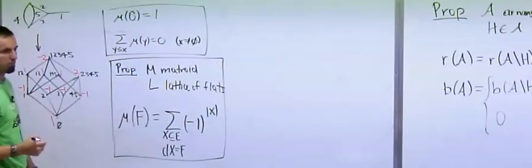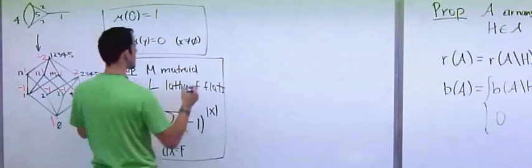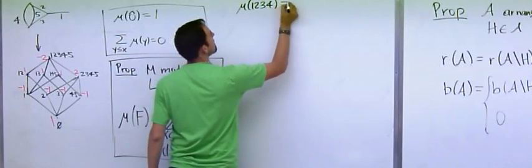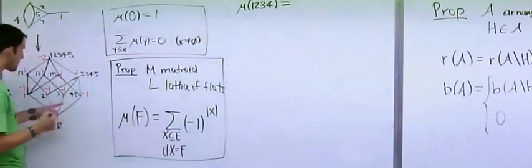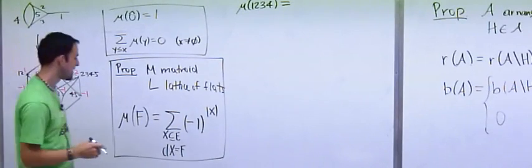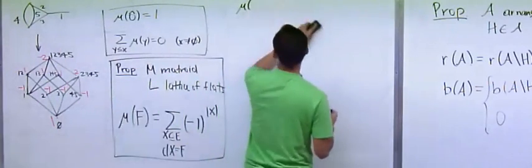So let's do an example. According to this formula, if you want to find mu of 1, 2, 3, 4, sorry, 1, 2, 3, 4 is not a flat, so you cannot find mu of 1, 2, 3, 4. 2, 3, 4, 5 is what I meant to say.